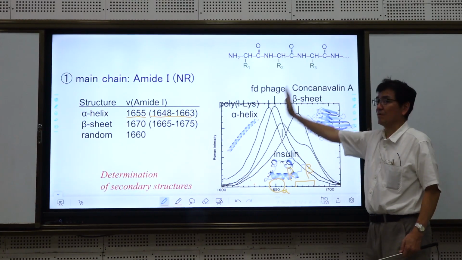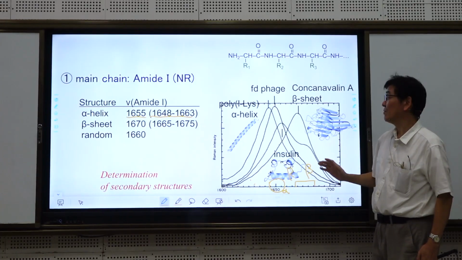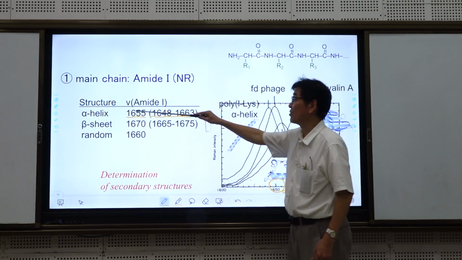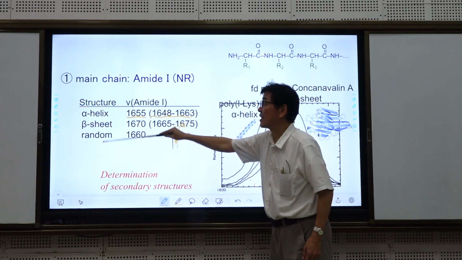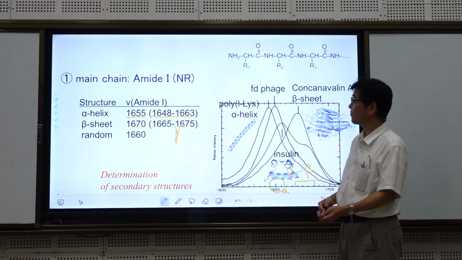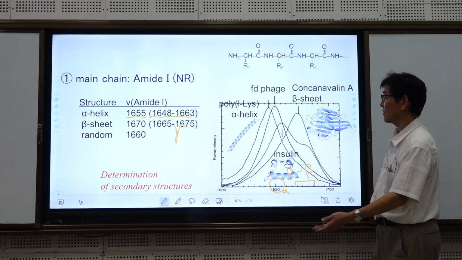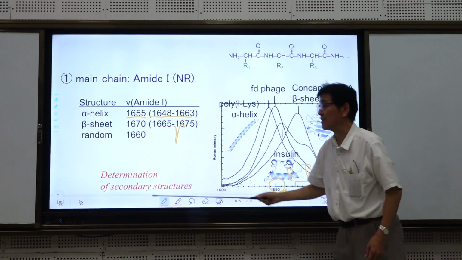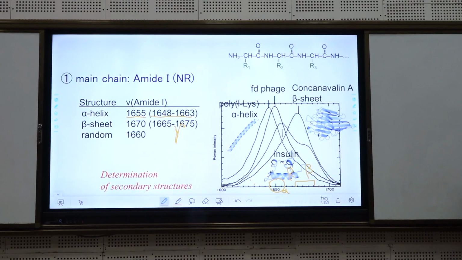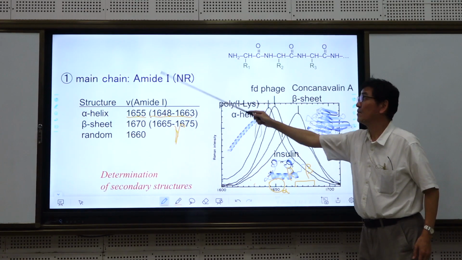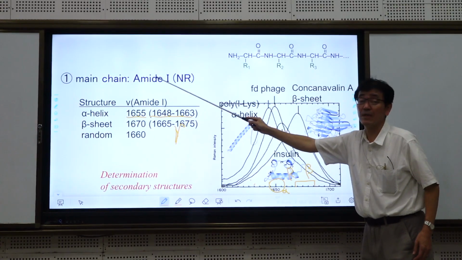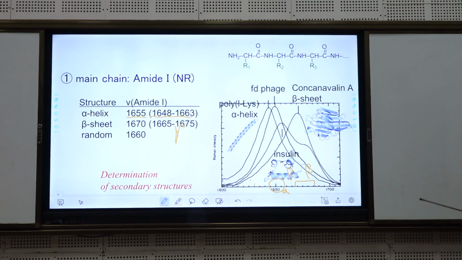So by checking the peak position of the amide 1 band, we see what is the predominant secondary structure. Okay, so the amide 1 peak is useful to determine the secondary structure. This is one key band to analyze the protein structure, in particular peptide main chain structure.